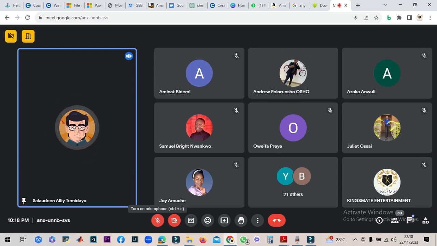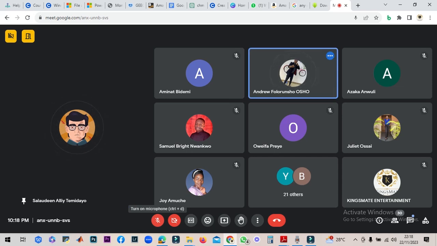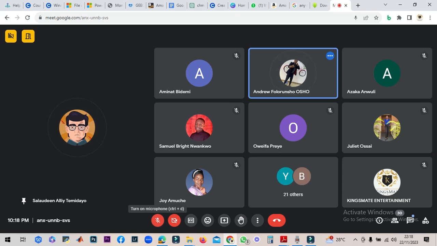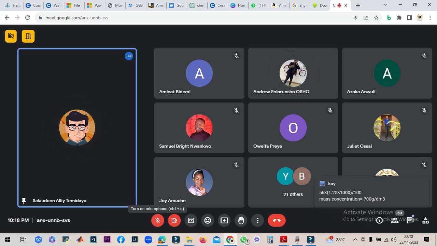And so now, number 33. This is where we are going to calculate another thing again. The label on a stock bottle of acid reads 56% by mass. They are given the percentage by mass, so you should be writing them somewhere now. 56% by mass, that's the percentage by mass, with a specific gravity of 1.25.